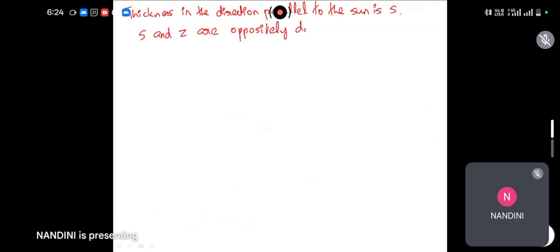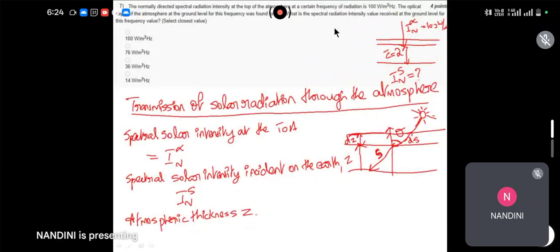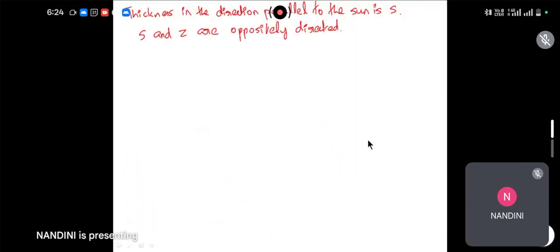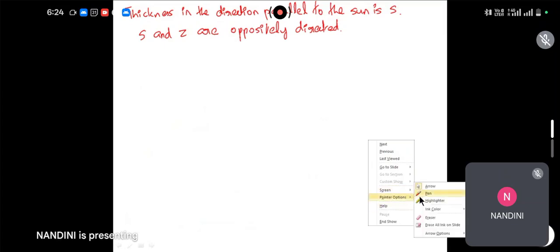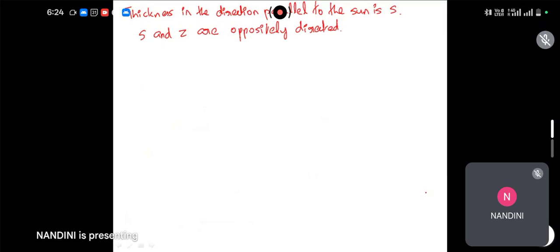So solar radiation, as it is incoming, is basically pointing downward like this. Whereas z, we are measuring from the ground to the top of the atmosphere, so it is basically pointing upward. It is oppositely directed.